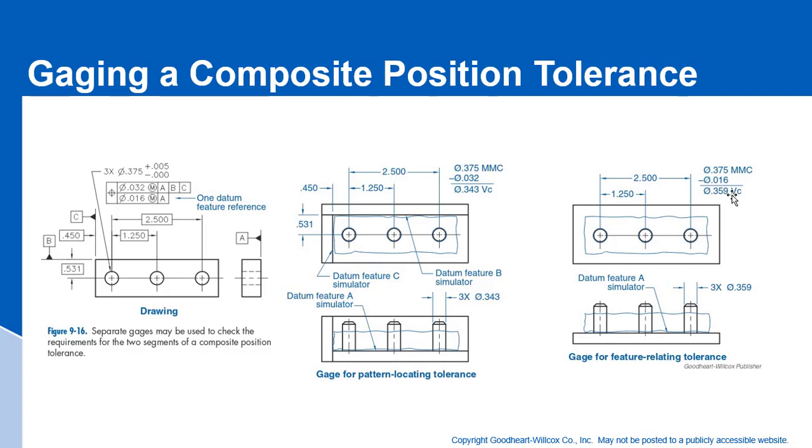That gives us a virtual condition of 359. So we make our pins to 359, and we have 3 of them at the proper locations, and we mount it with a simulator that picks up datum A. So to check and gauge a composite position tolerance, we can use 2 functional gauges.